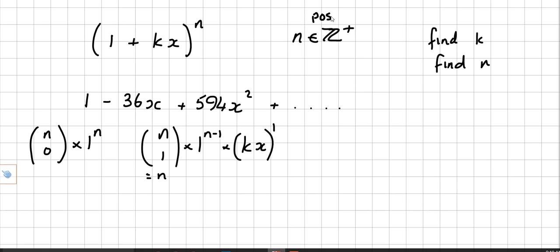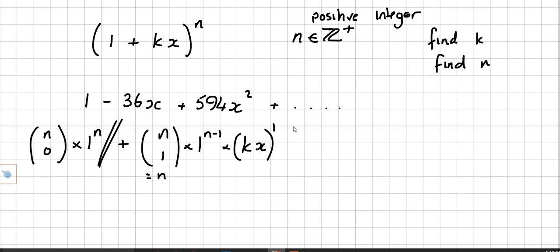How come you're not adding nC0 with nC1? Why am I not adding those two? I don't want to. I want to consider them. I'm not actually going to add anything together. I'm just looking at the terms.